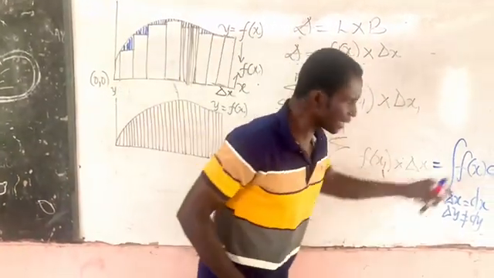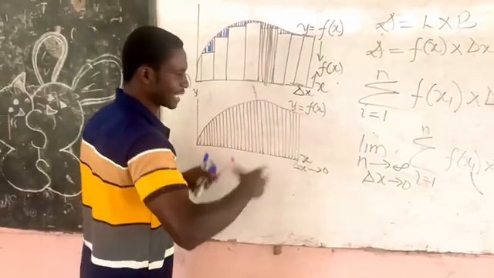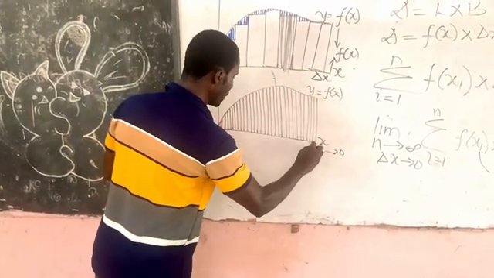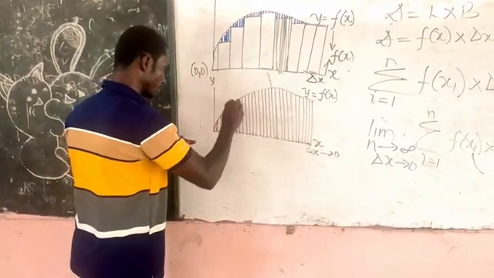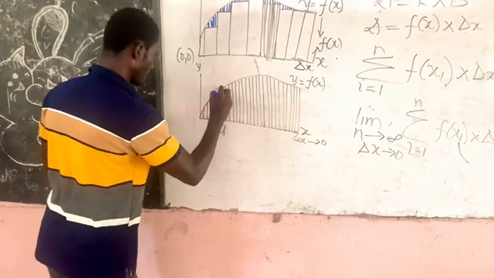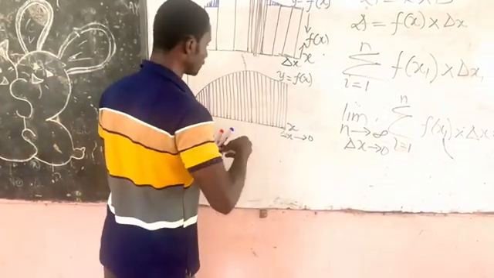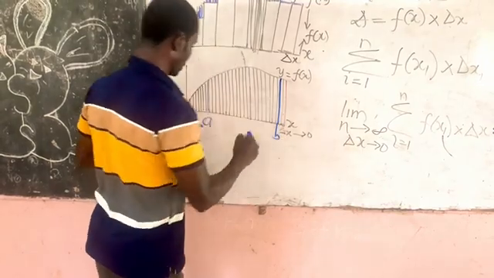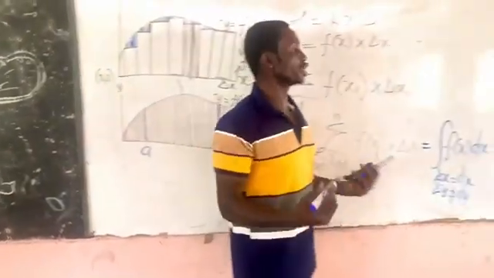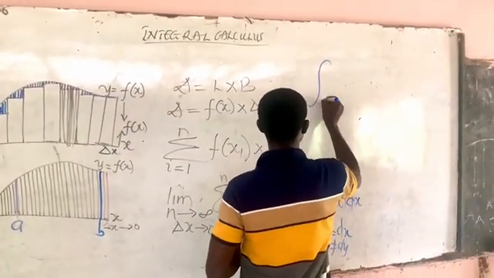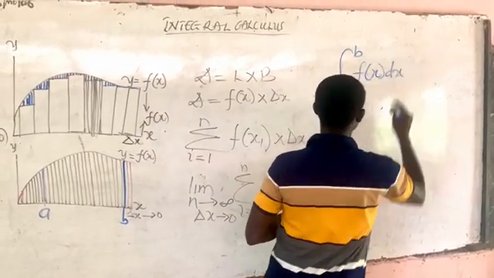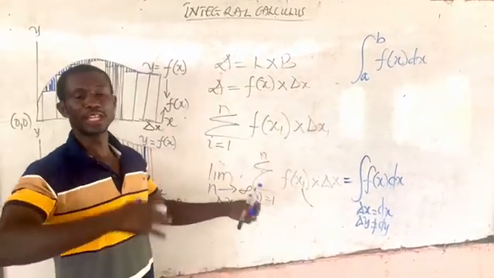This is the indefinite integral. But in the situation whereby you are given a certain range, let's say from this point A to this point B, you are calculating the area under the curve within A to B. That's why we call it the definite integral, which is given as the integral from A to B of f of x dx, because you have been given a specific range within which you must work.